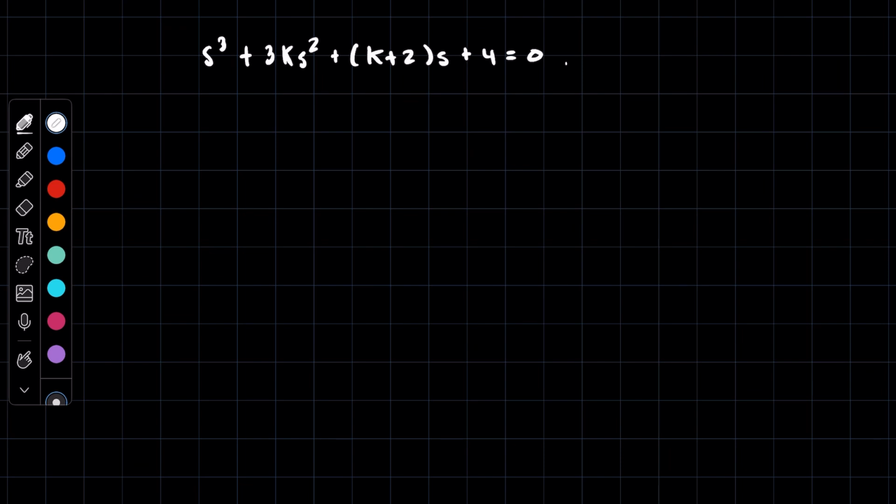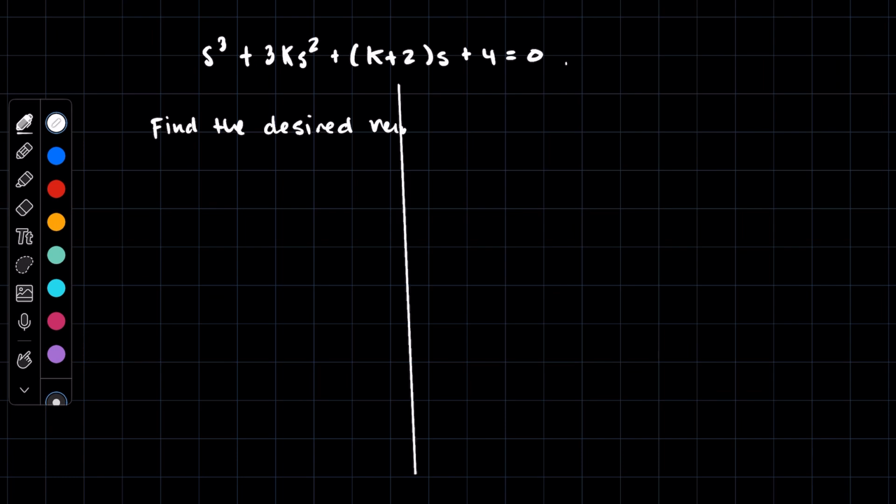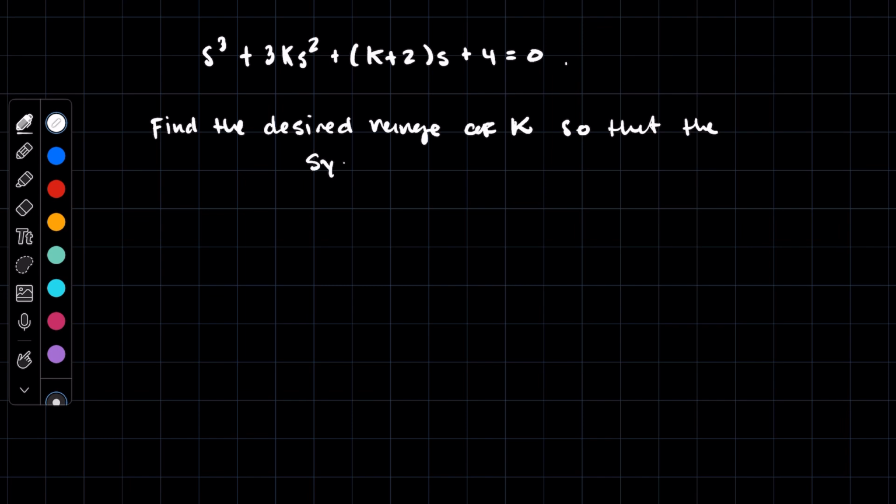And the thing we want to do, in this case, is find the desired range of K so that the system is stable.